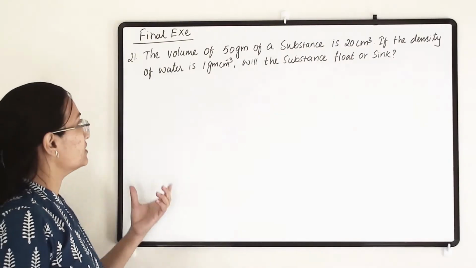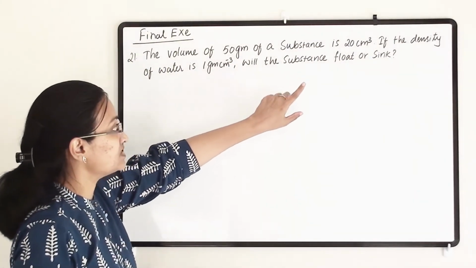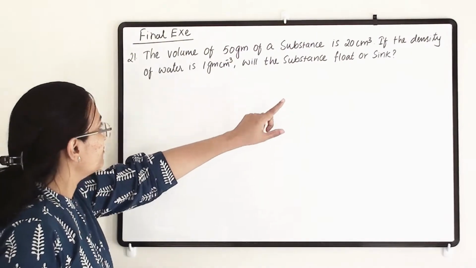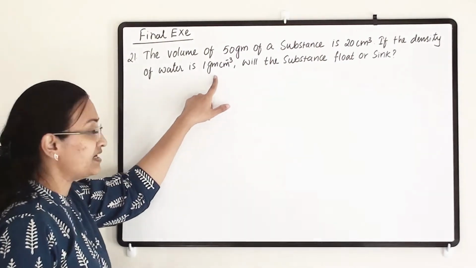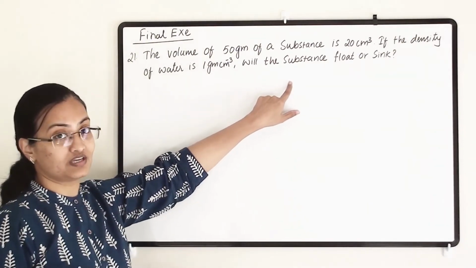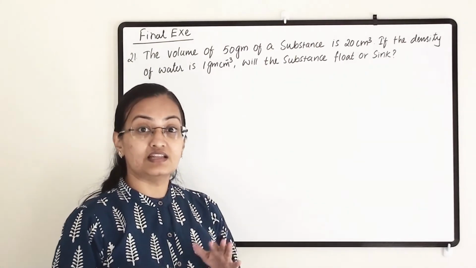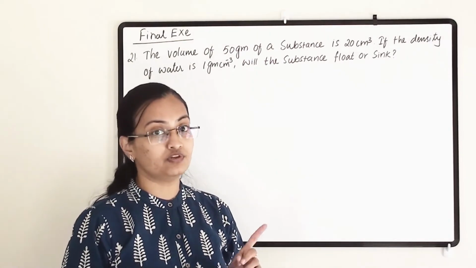Question number 21. The volume of 50 gram of a substance is 20 centimeter cube. If the density of water is 1 gram per centimeter cube, will the substance float or sink? We know that when substance density is less than the water, then it will float.